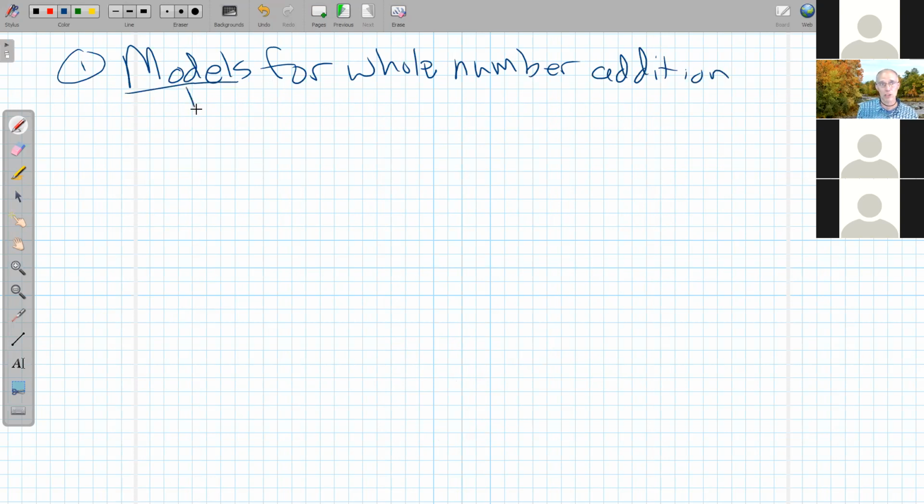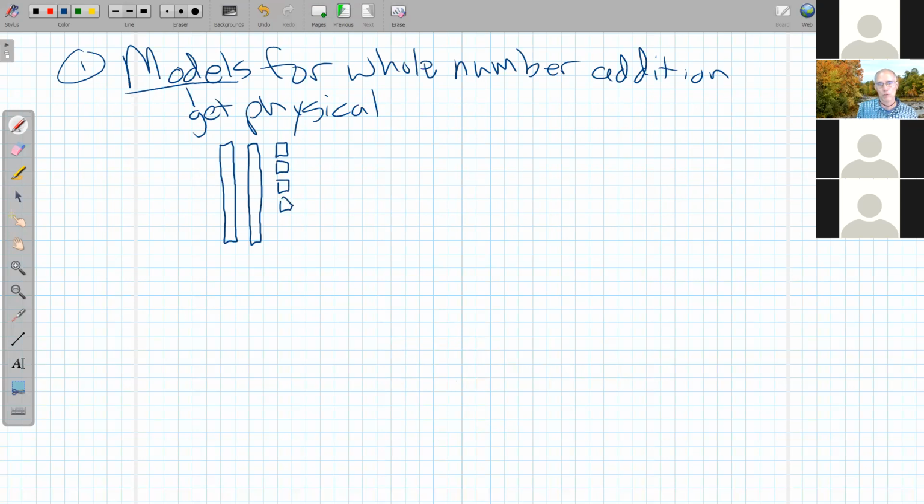We get physical. Okay? We actually have some physical objects that we play with. So the model would be like saying, there's 10, there's 20, 1, 2, 3, 4. So this is a model for 24.